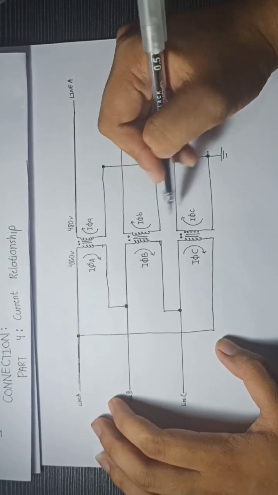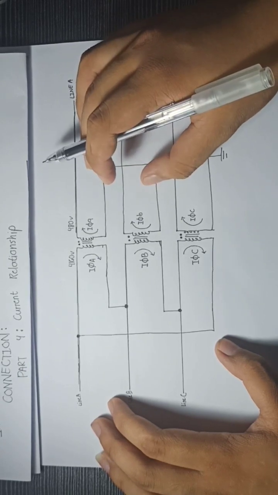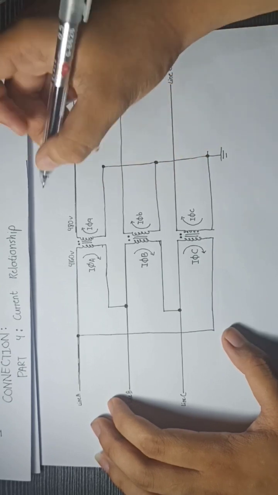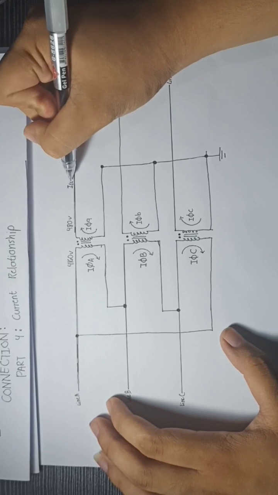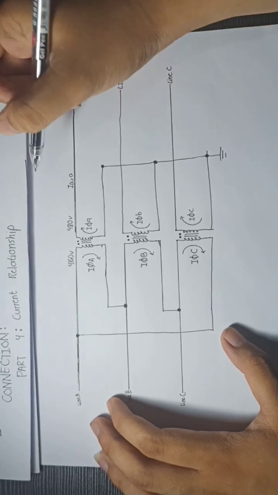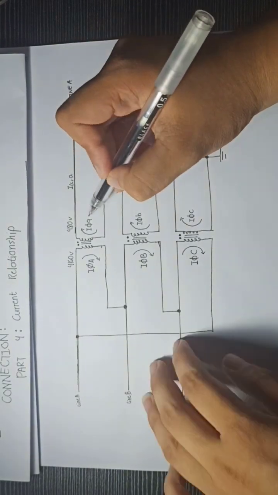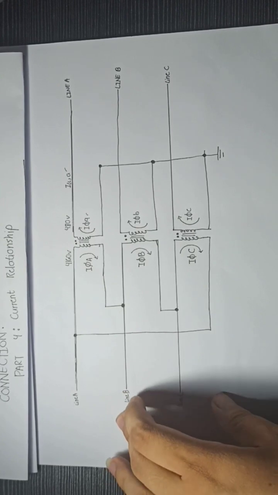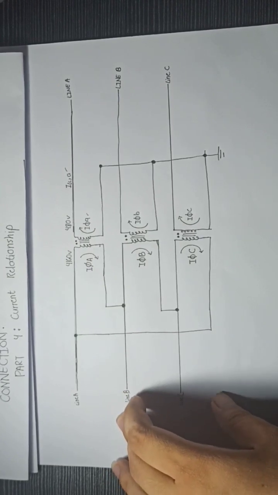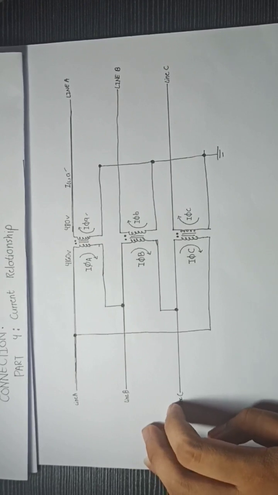For a Y-connected transformer, it's very easy to see that phase current and line current are both equal. However, for a delta-connected transformer, we don't have the same one-to-one relationship between line currents and phase currents.